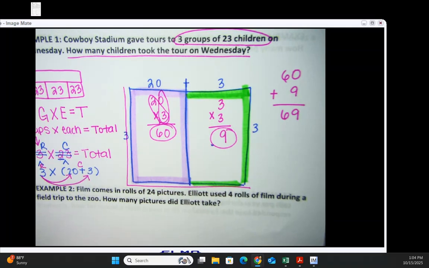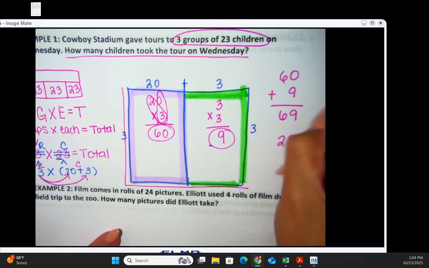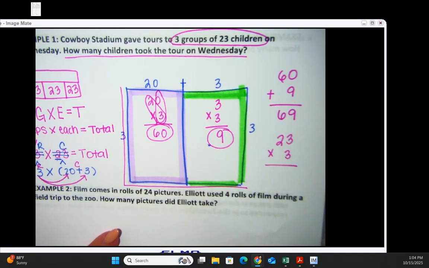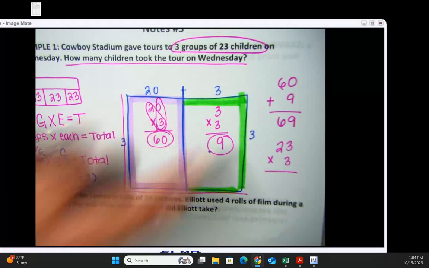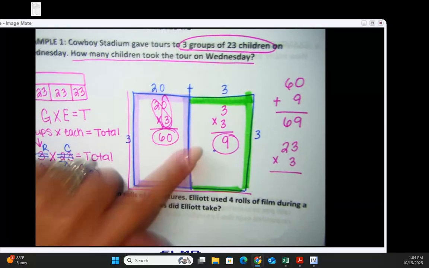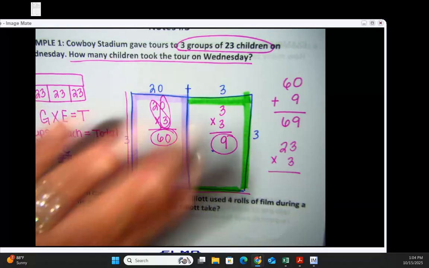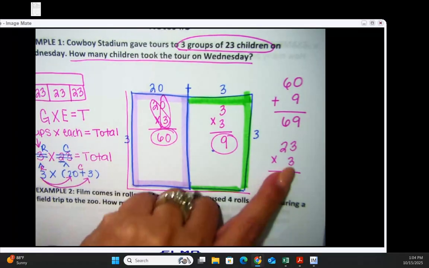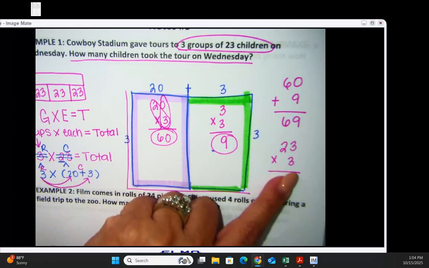Now, can I solve this with standard multiplication? Of course. This is a great way for you to check your answer. Because in 4th grade, you are expected to know how to do area model. It's actually multiple questions on your STAAR test with the area model. But we can do it like this, standard, so that you can check your answer.